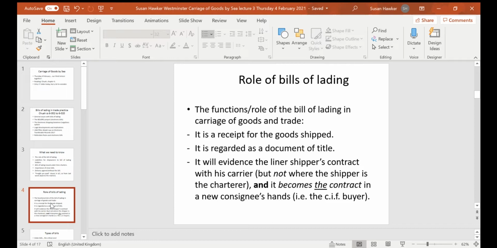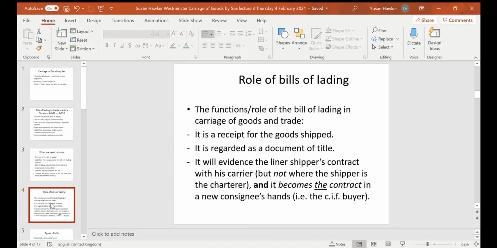And the last function is that it has a contractual capacity. It will either evidence the liner shipper's contract with his carrier. So the liner shipper has a bill that is capable of being brought into court to evidence the contract of carriage, which means he has a bill of lading type contract, or where it is sold on to the CIF buyer, it becomes the contract.